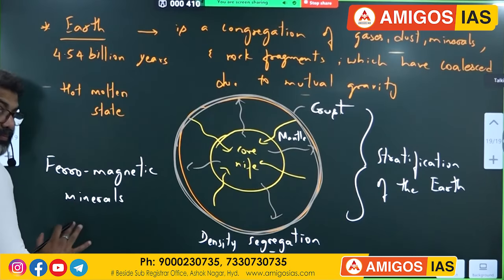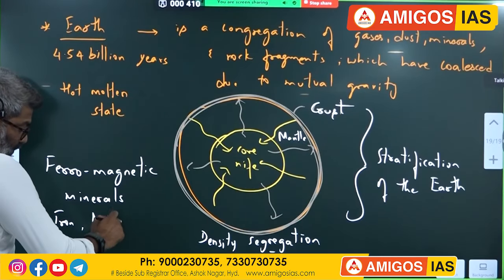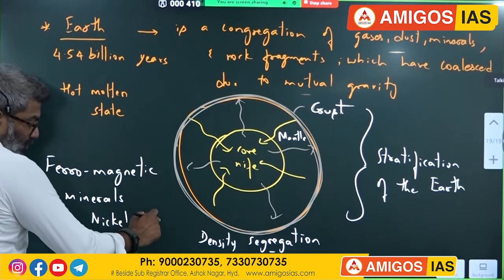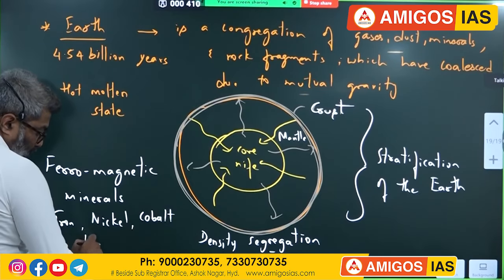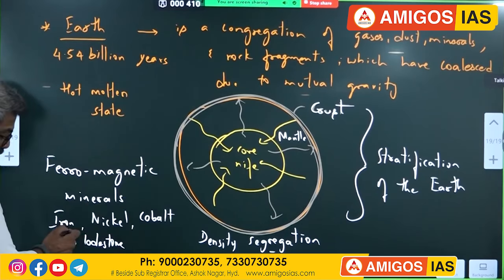Inside Earth we have iron, nickel, cobalt, lodestone. All these are ferromagnetic minerals. Among these, which are the two most popular? Iron and nickel. Where do we have them in large quantity?